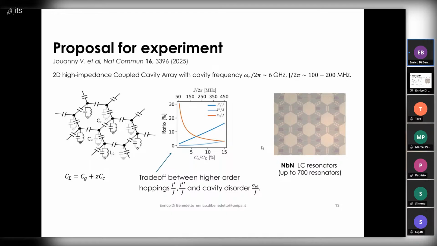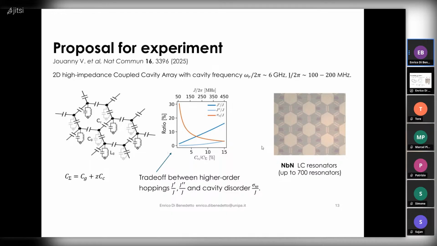the high kinetic inductance metamaterial. The idea is that if you have a high kinetic inductance, basically all the inductance in your system comes from the fact that your material has a high kinetic inductance.